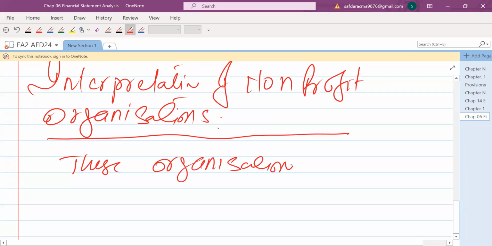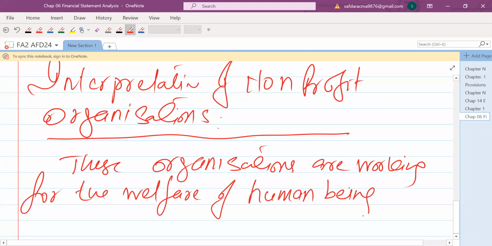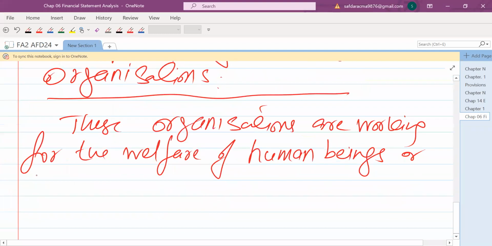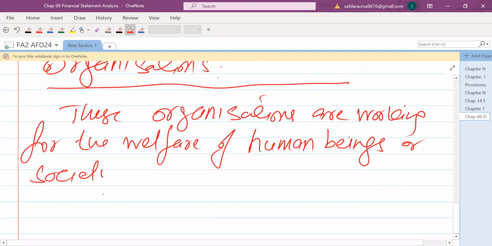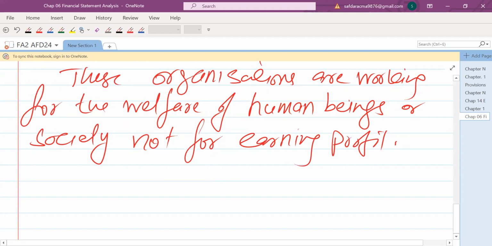These organizations are working for the welfare of human beings or society, not for earning profit.